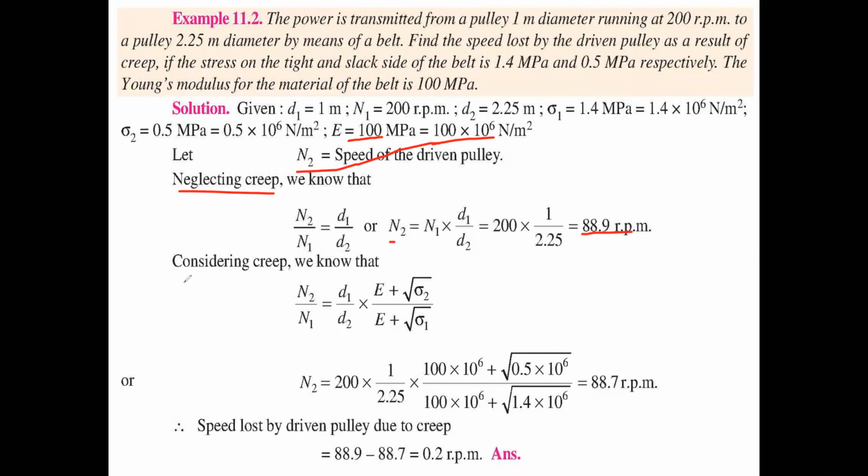Second case, considering the creep. When we consider the creep, what is the formula? N2 by N1 equals D1 by D2 into (E plus square root of sigma 2) by (E plus square root of sigma 1).